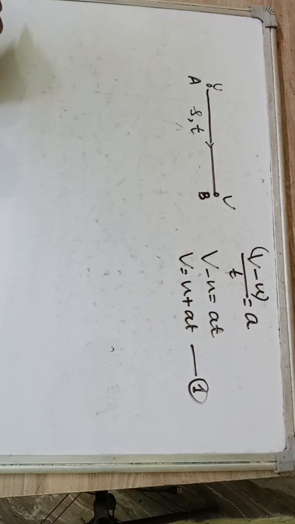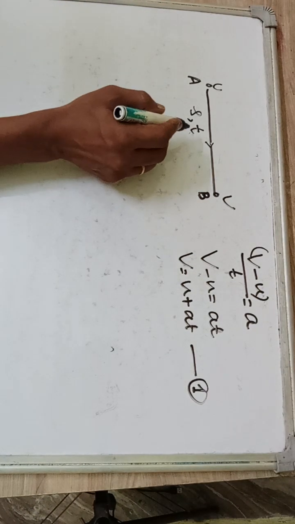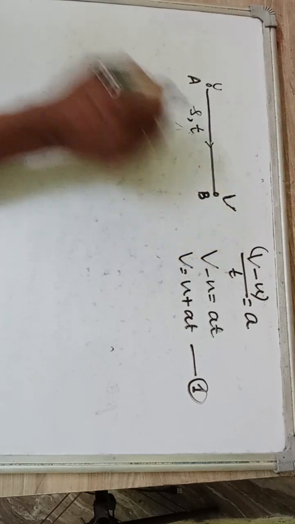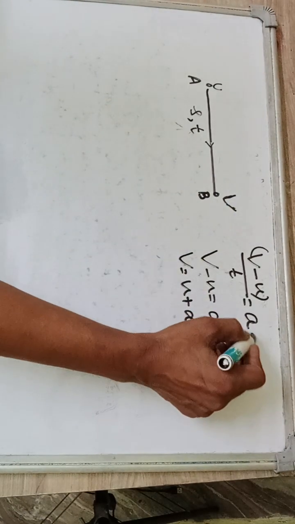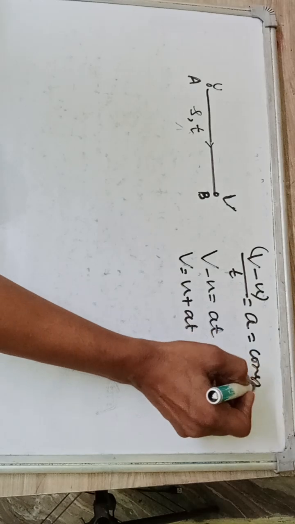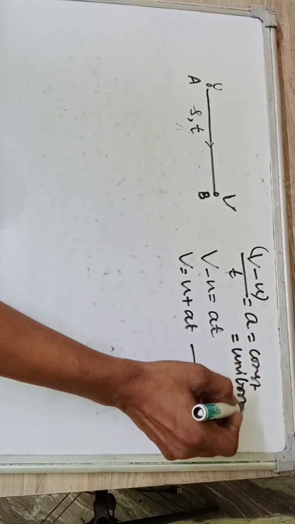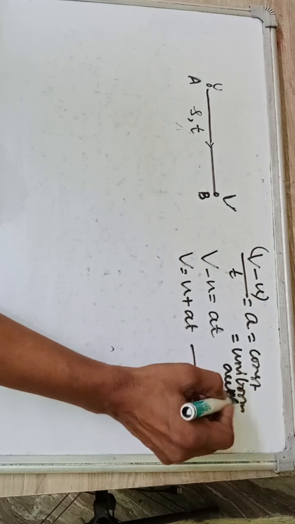Now as it is moving with uniform acceleration, here a is constant, meaning not changing, meaning uniform acceleration.